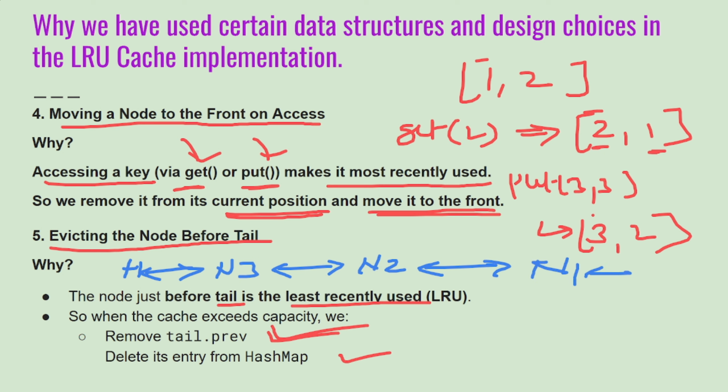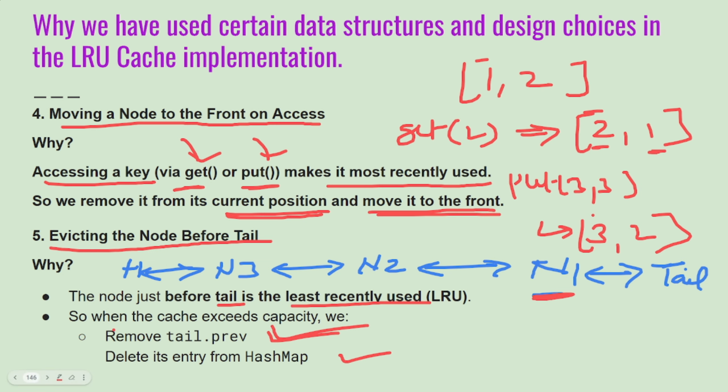And then there will be a tail. Understood, right? So this is head, and this is tail. So the node just before the tail is the least recently used. I'm talking about this node.